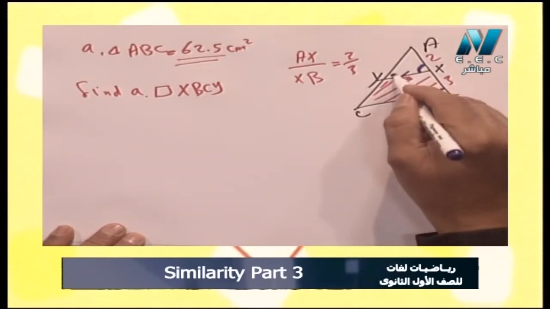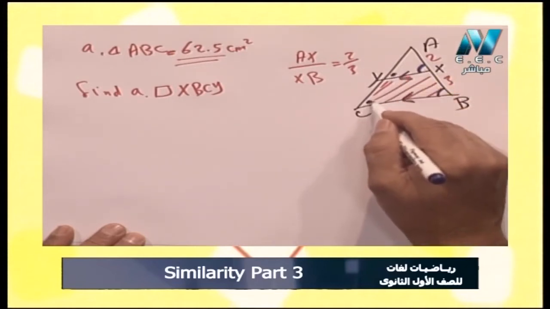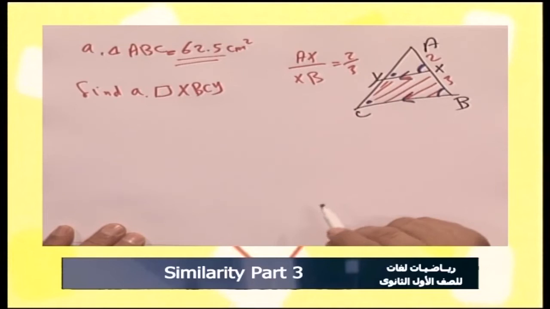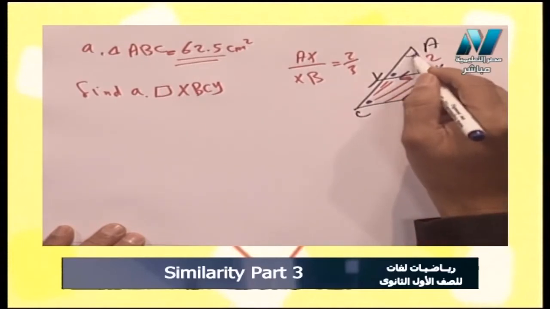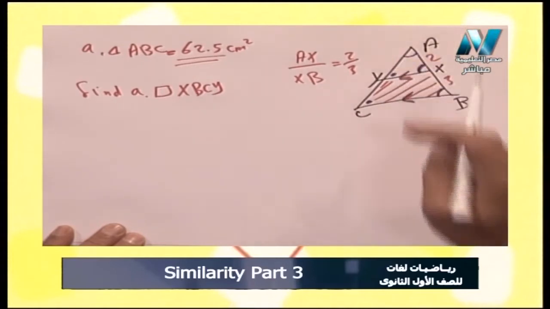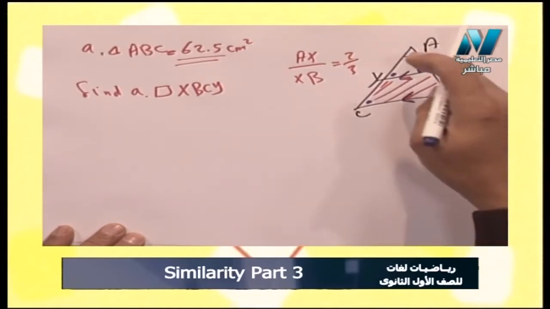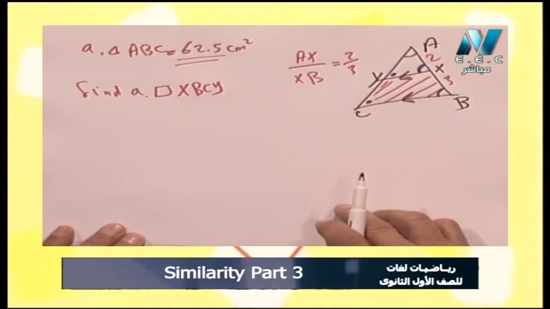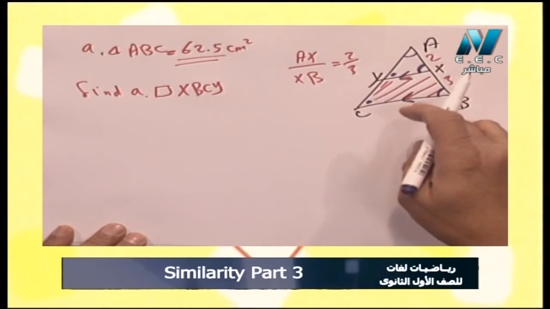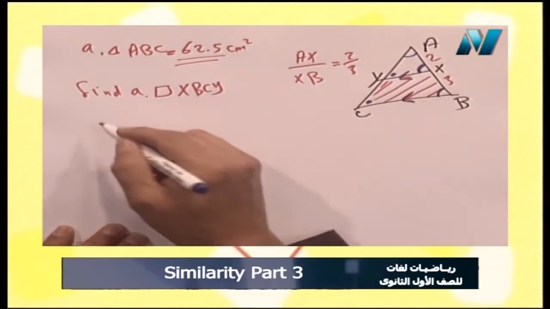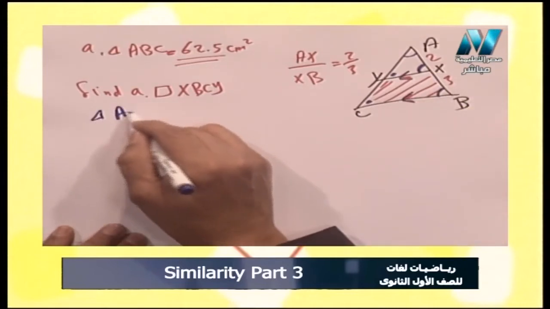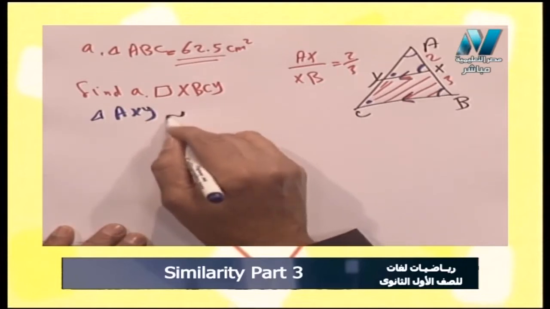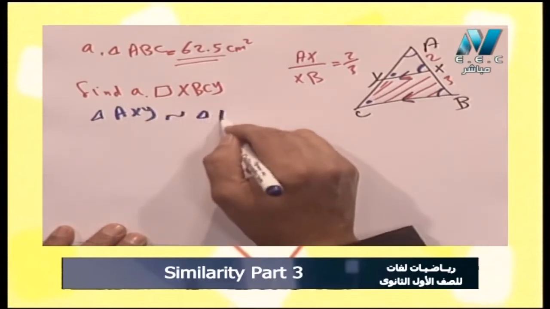And we have this angle also equal this angle, corresponding. And the third angle is common between triangle AXY and triangle ABC. So it's easy to prove that triangle AXY is similar to triangle ABC.